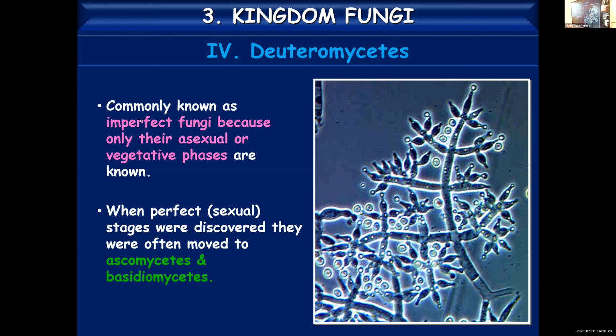And you call this class imperfect fungi because only their asexual and vegetative phases are identified, and so far no sexual phases are seen. If some stages are spotted, those species will be shifted to Ascomycetes or Basidiomycetes.